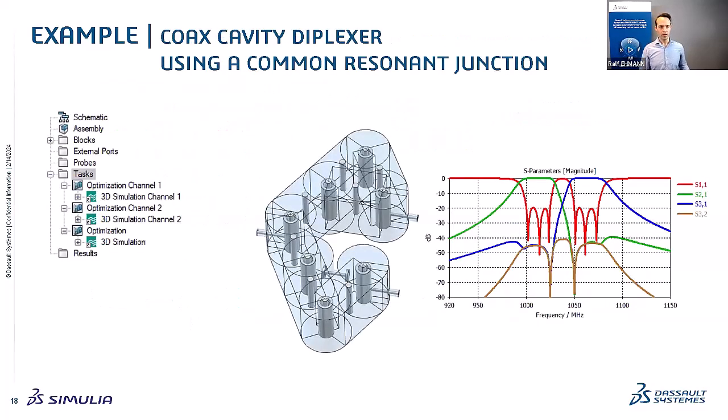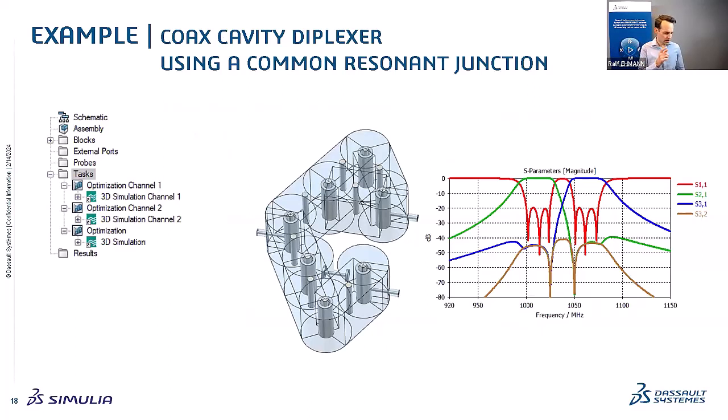And then there's also the diplexers. As mentioned before, we do also support diplexer synthesis, coupling matrix synthesis. We support star junctions as well as common resonant junctions. So in this case, we are able to build diplexers with resonant junctions.